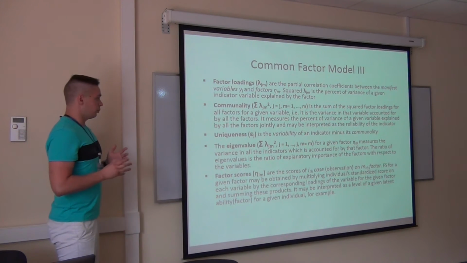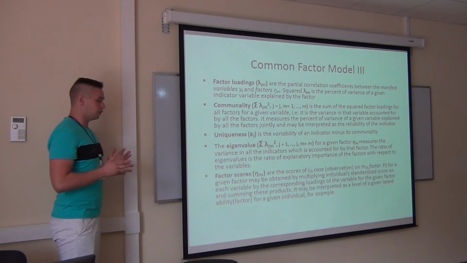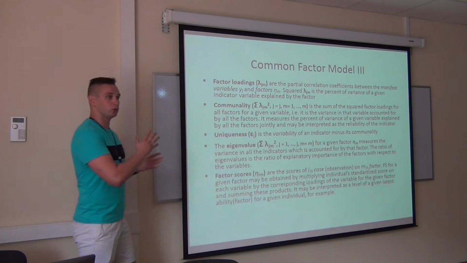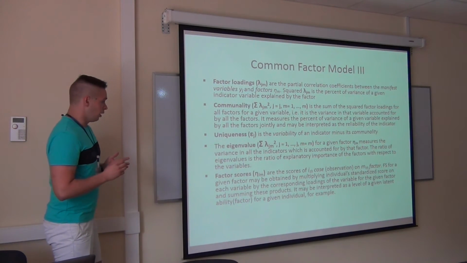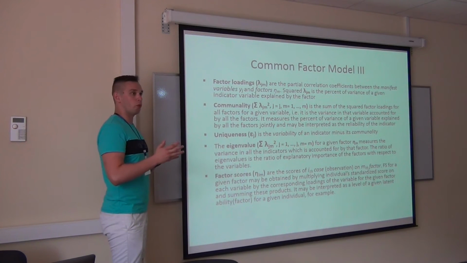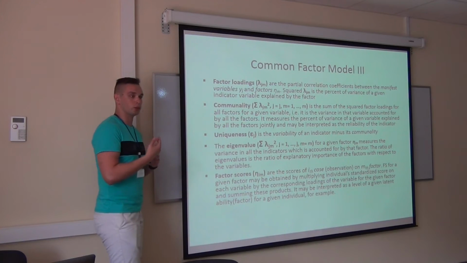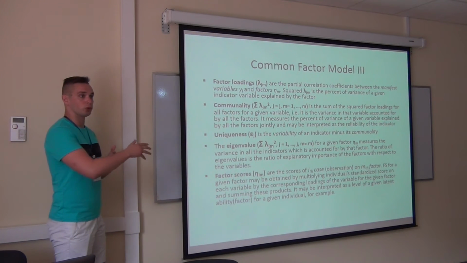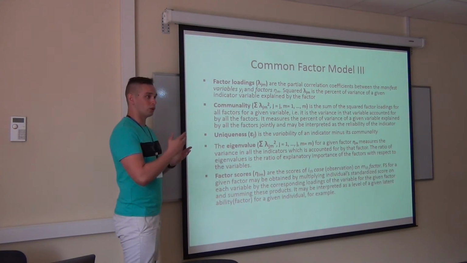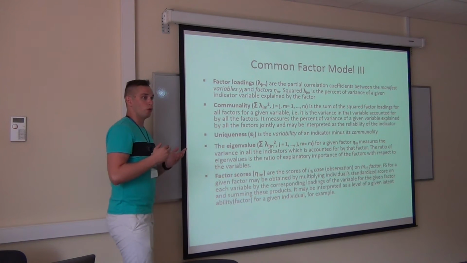And it can be used as an indicator of predictive power of a latent variable compared to other latent variables. And finally, factor score is an approximation, because we actually do not observe the scale on which the latent variable is measured, but if we try to use this in our model, we need an approximation.